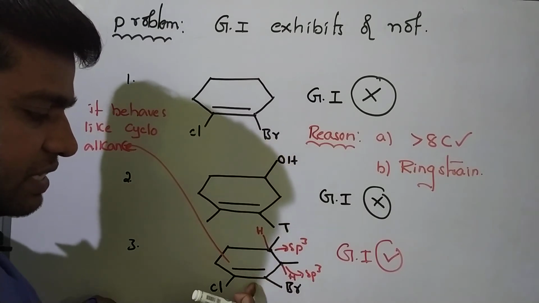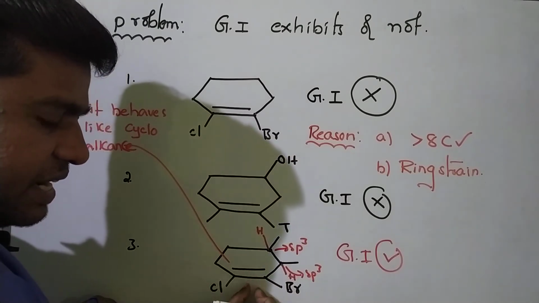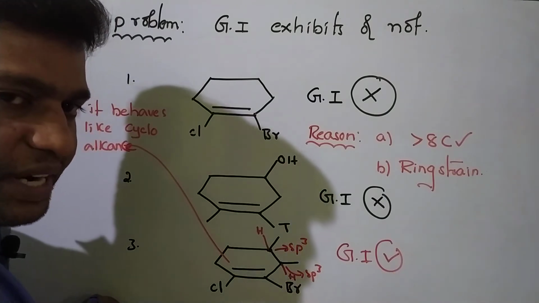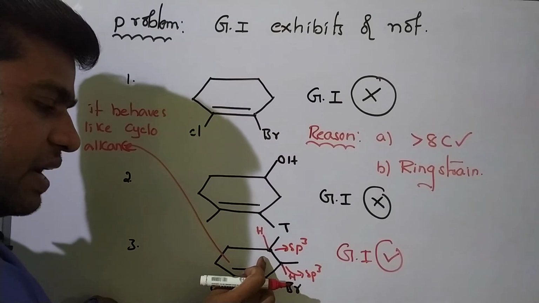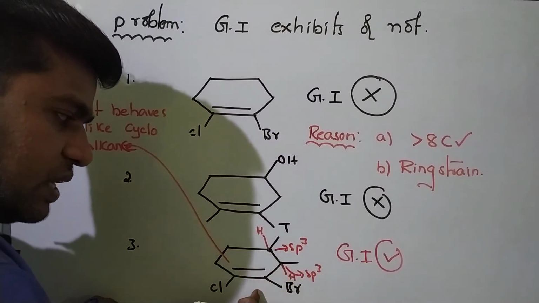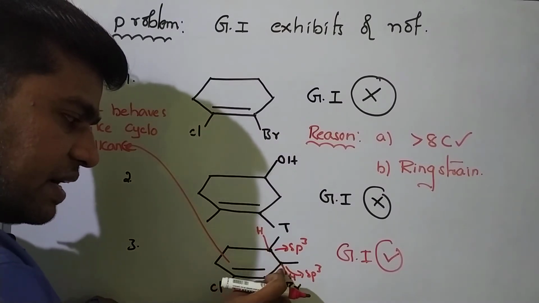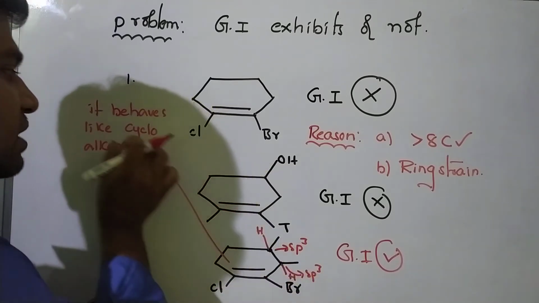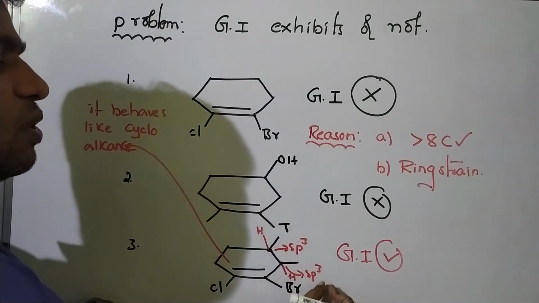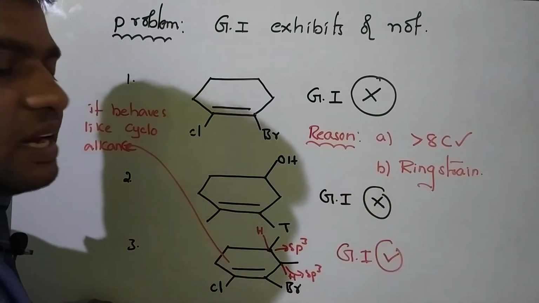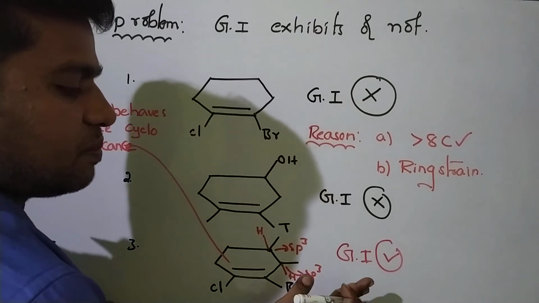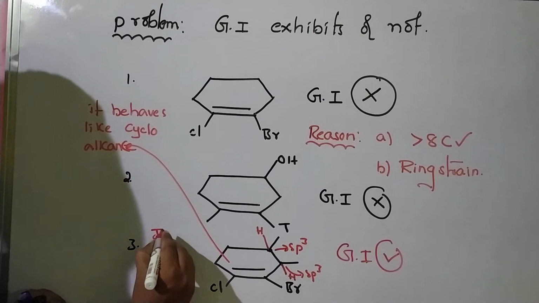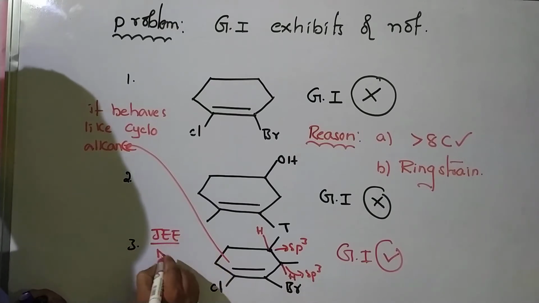When we consider cyclohexene, it doesn't show geometrical isomerism. But by careful observation of this compound, here two sp3 carbon atoms have different groupings. So definitely this ring behaves like a cycloalkane, so it will give geometrical isomers. Very important for the NEET exam. Please note immediately.